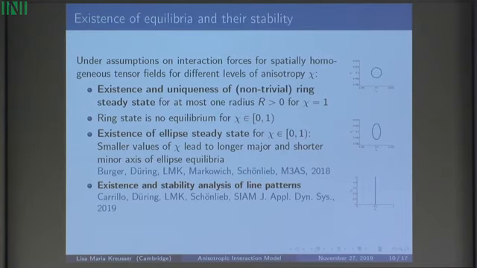And here you can see what we expect for different levels of anisotropy. So if we are in the isotropic setting, we expect some ring patterns, whereas as the anisotropy changes and we have a larger level of anisotropy, we hope to obtain ellipse states. And if we have even stronger repulsive forces along that vertical direction, we even get line patterns.